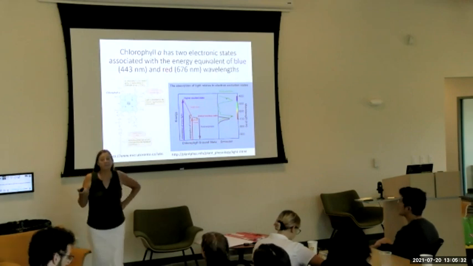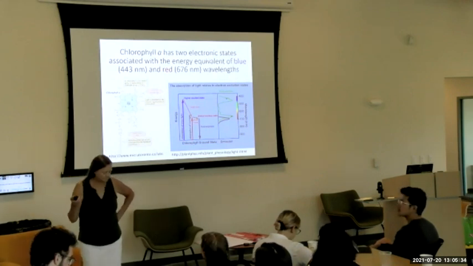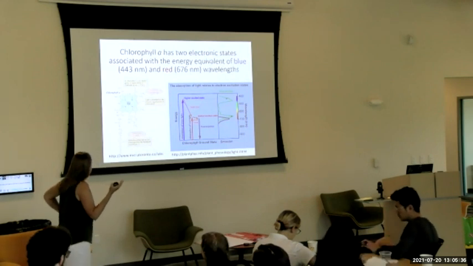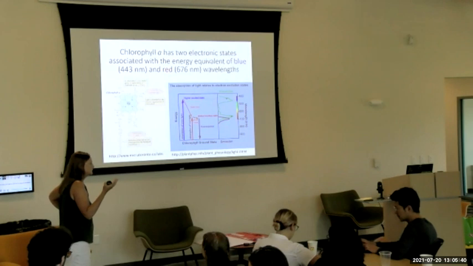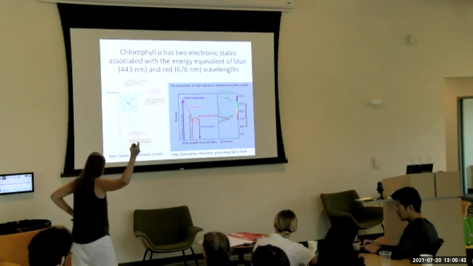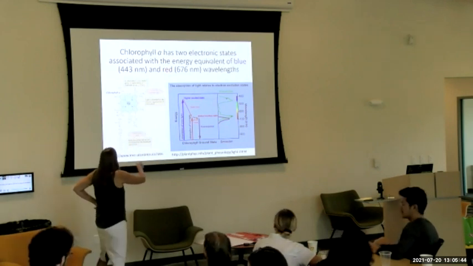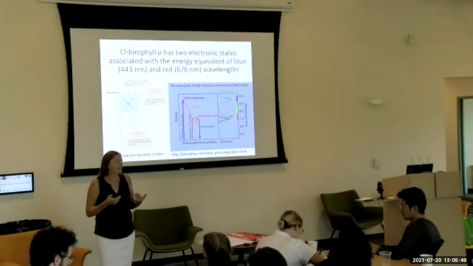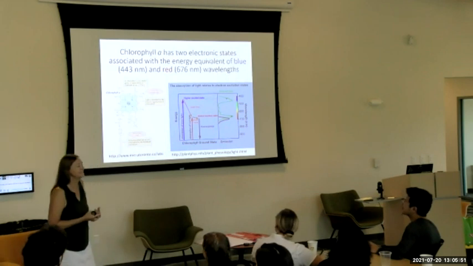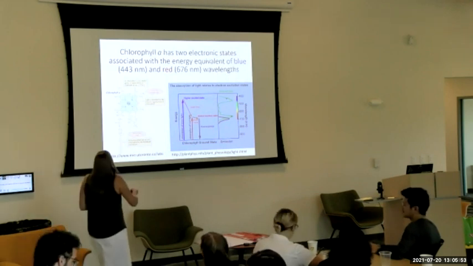Interestingly, it's really, really similar to, oh my God, I just blanked. It's a heme. Hemoglobin? Hemoglobin, thank you. Hemoglobin has iron in the center, but I think there's something very cool about the fact that hemoglobin and chlorophyll have a really similar structure.